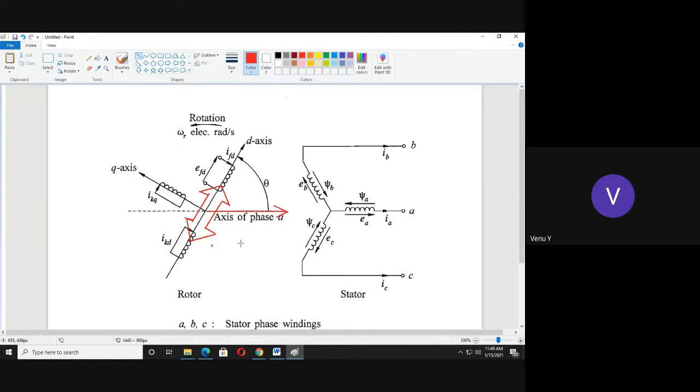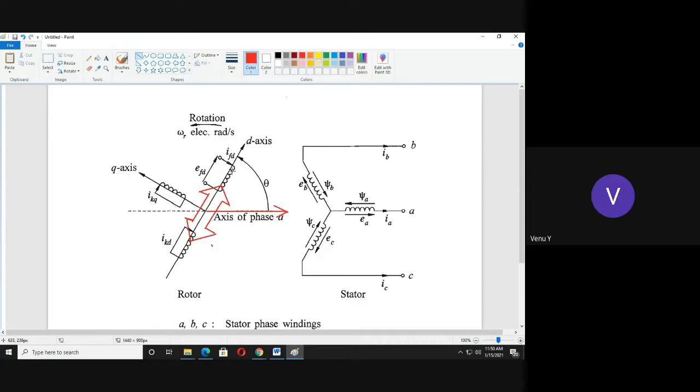Okay, therefore, phase A, the d-axis and the q-axis are represented like this. So on the d-axis, you have the field winding.